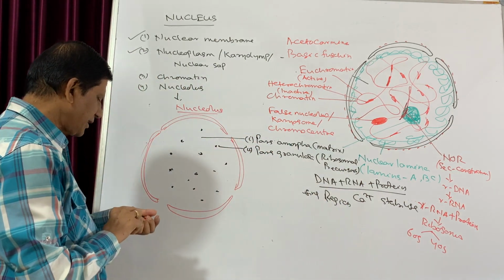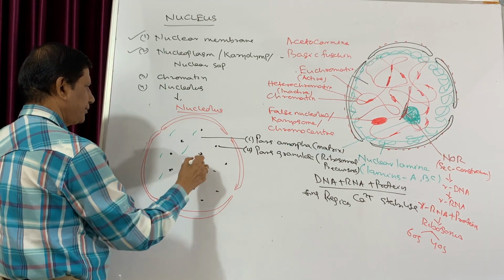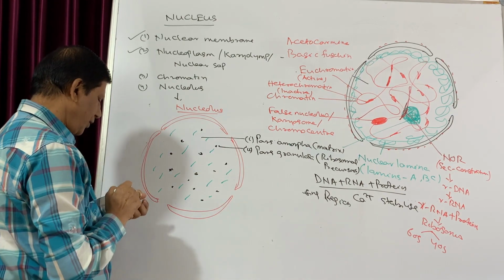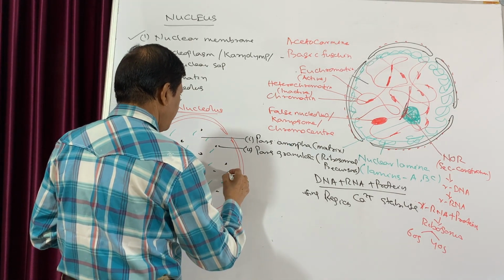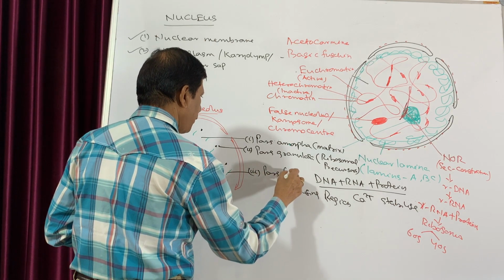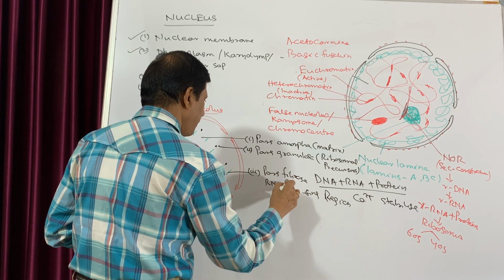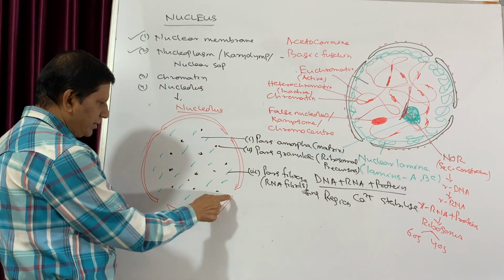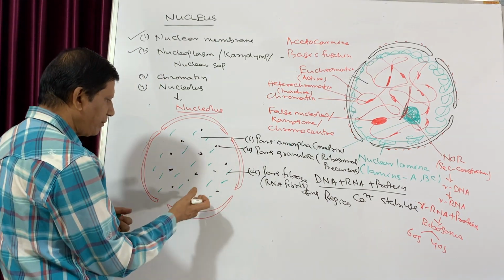Then there are certain fibril-like structures. These are number 3, pars fibrosa, and they are the RNA fibrils. And these other parts are actually not membranes. They are part of the DNA.